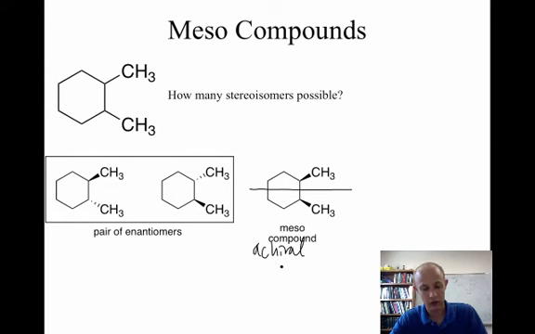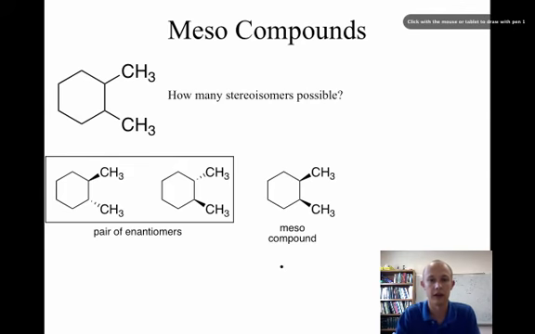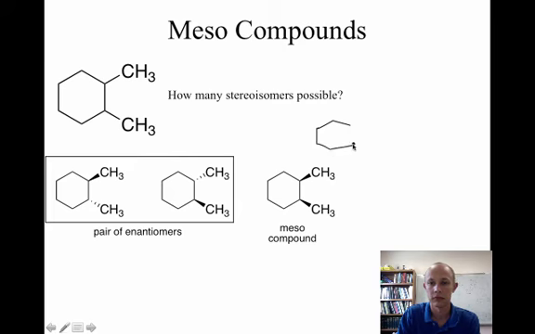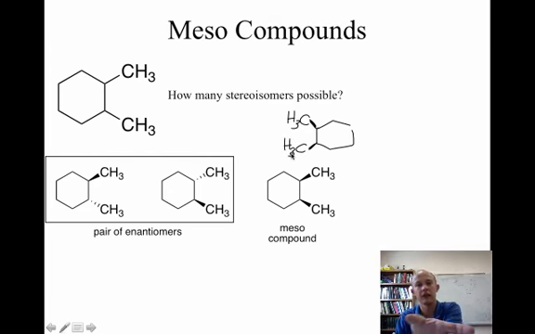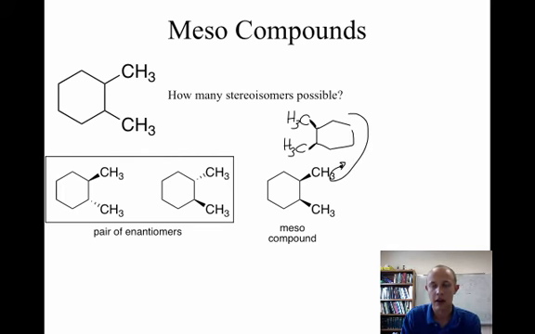Notice if we drew the mirror image of this compound, which would look like this, we could superimpose these on one another. We could take this molecule and flip it around, and they would superimpose on one another. These two are the same. So we only have 3 distinct compounds because this compound is meso, it's not chiral, it does not possess an enantiomer.